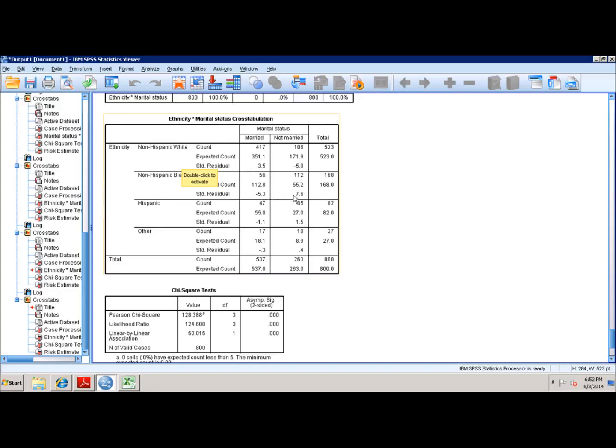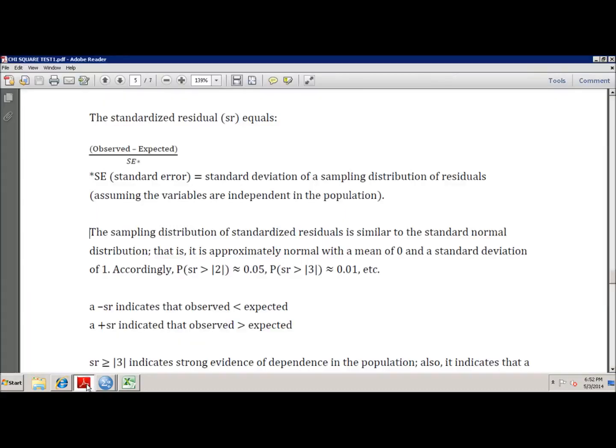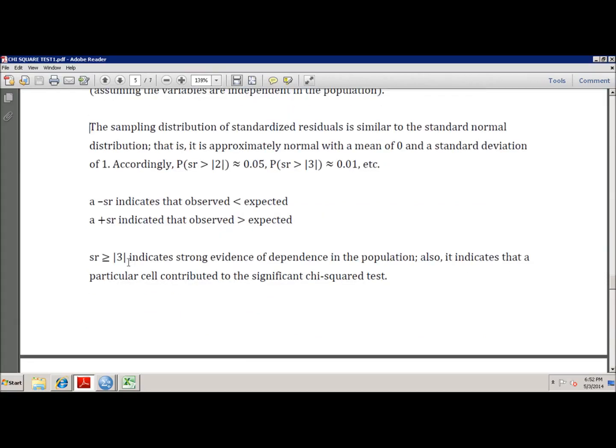Each cell is giving us a value, and we can see that we have some large values here. Now what's the cutoff? In this case, I'm saying to use a cutoff of 3, because remember, in the normal distribution, all of the values should fall within 3 standard deviations.